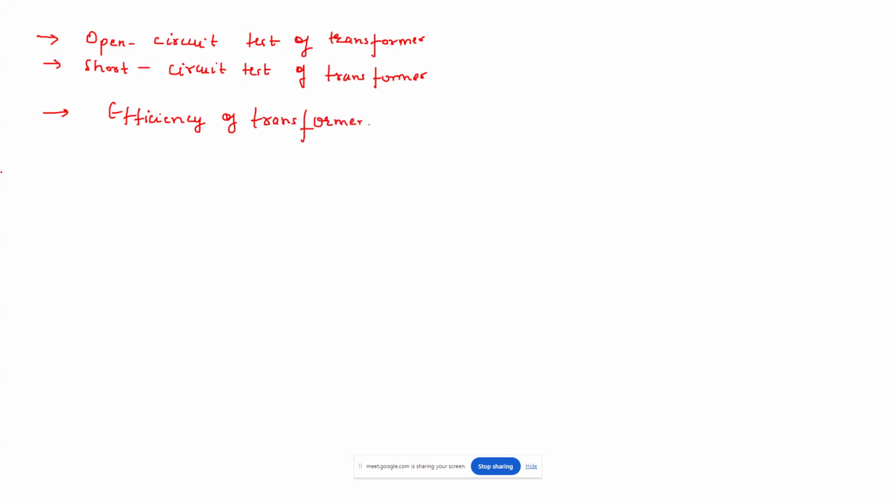So let us start. We will be starting with the OC, which I'll write as OC, and this I'll write as SC. First, we will be discussing the OC and SC test. So, what is the objective of this test?